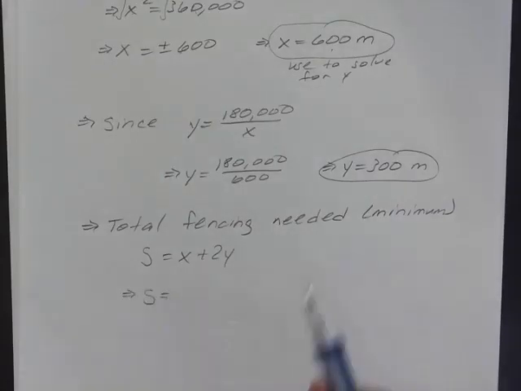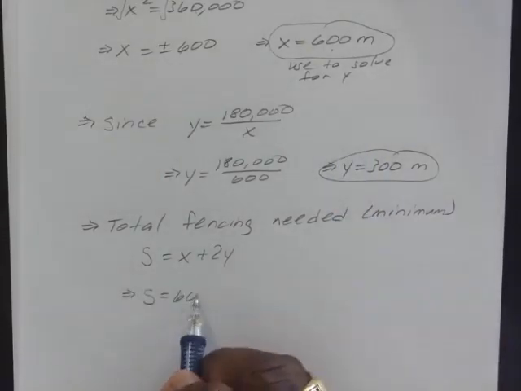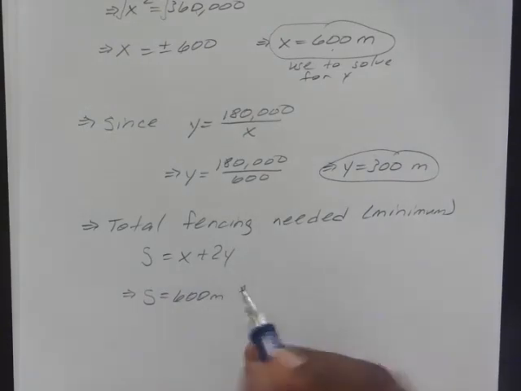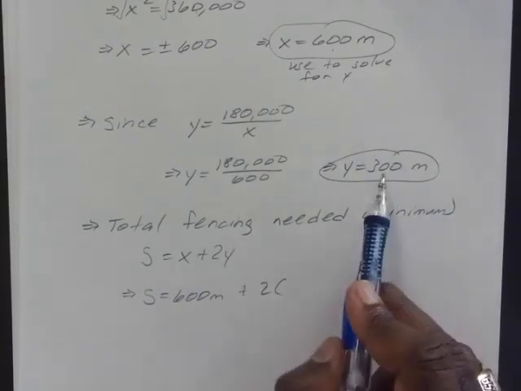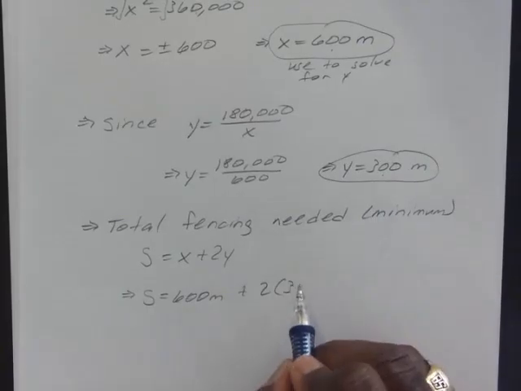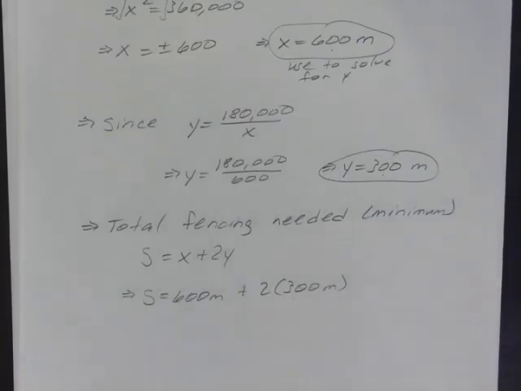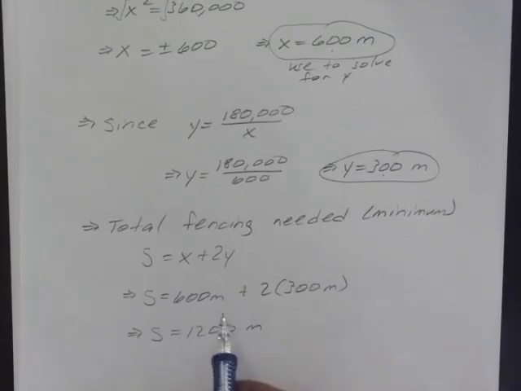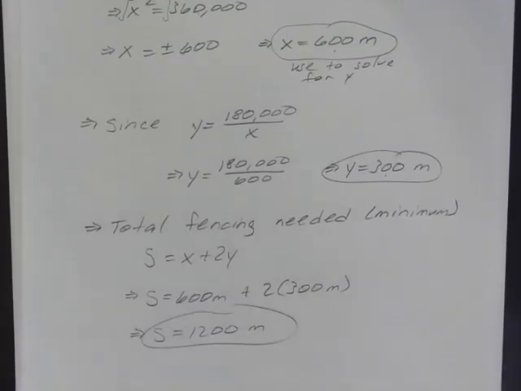So that sum is equal to x, which is 600 meters, plus 2 times 300 meters. So that's 1,200 meters minimum. So that would be the minimum amount of fencing that you would need while still having 180,000 square meters.